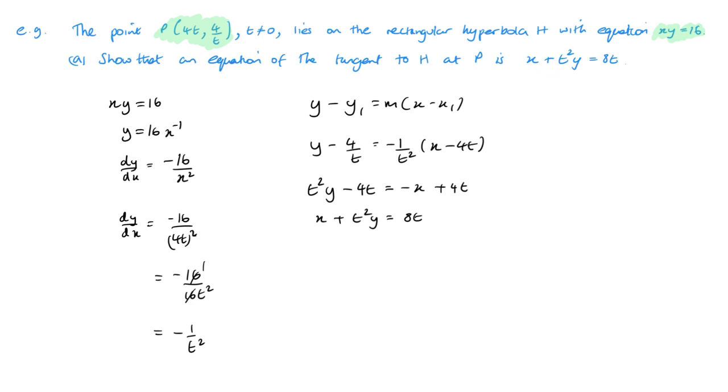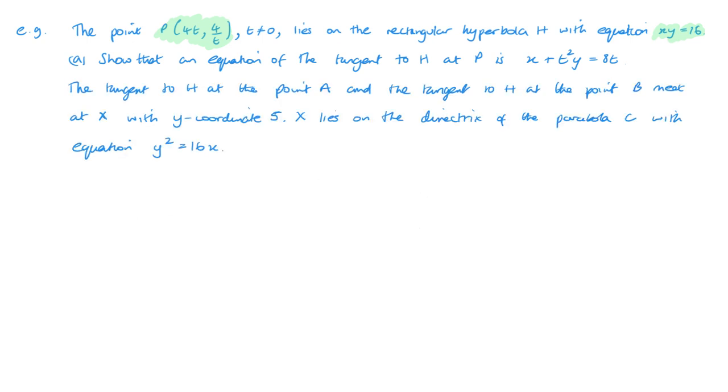Okay, right, let's look at the next part. The tangent to H at the point A and the tangent to H at the point B meet at X with y coordinate 5. X lies on the directrix of the parabola C with equation y squared equals 16x.